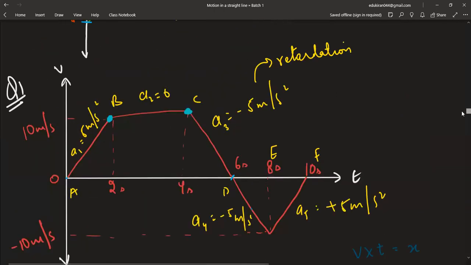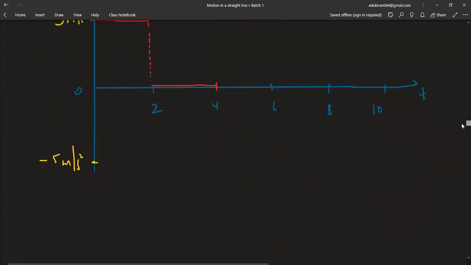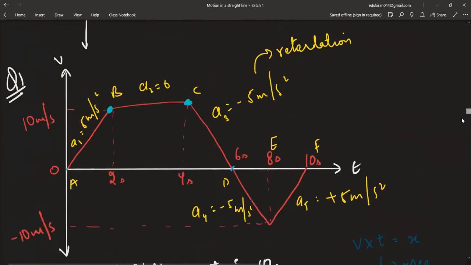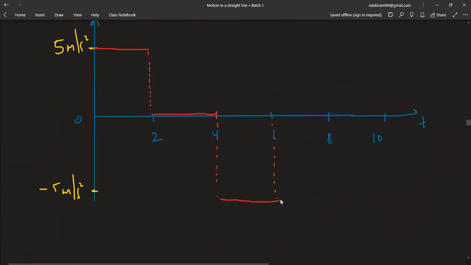Fine. Then 4 to 6, what is happening? Acceleration is constant but negative. So if acceleration is constant but negative, the constant graph will be like this and negative, so we have drawn it below the axis. Next, what is happening between 6 to 8 seconds? Again, same, minus 5. Constant acceleration with negative.